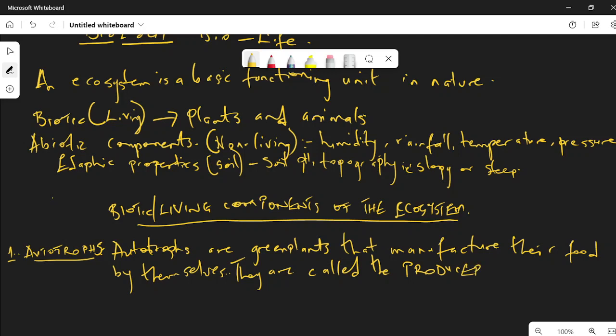So when you come across another term that can be used for the autotrophs, they can also be referred to as the producers.